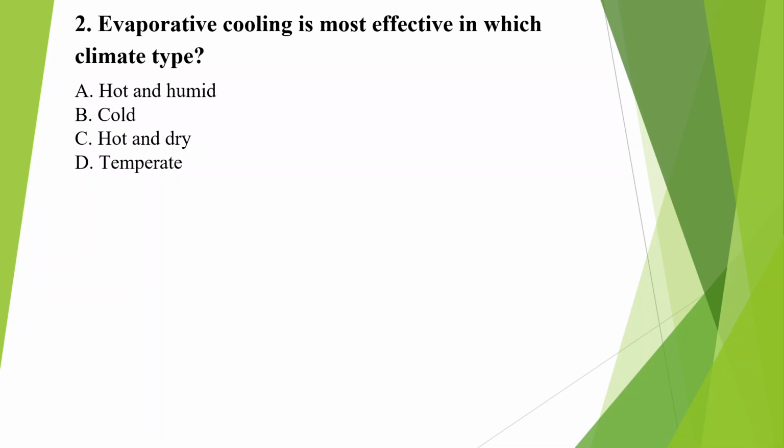And similarly in cold climates, the region will always be cooler, so we don't want to create the evaporative cooling effect there, so it's not much effective there as compared to the hot and dry climate zone. So option C is the correct answer for this particular question. I hope this is now clear to all of you.